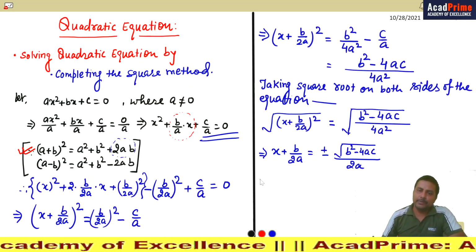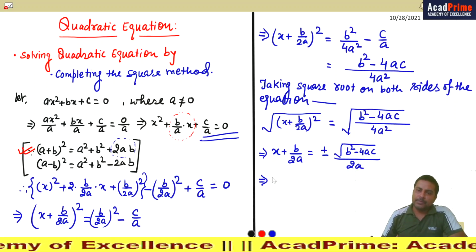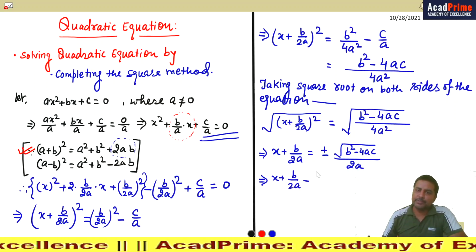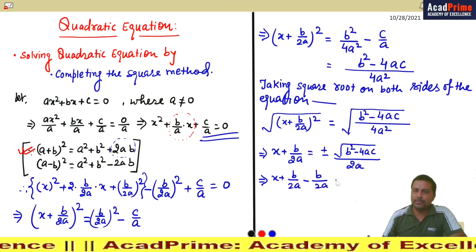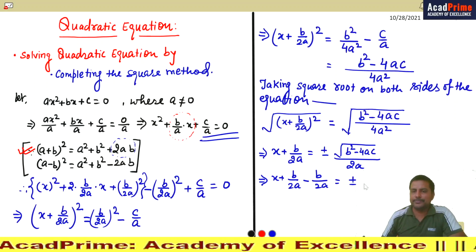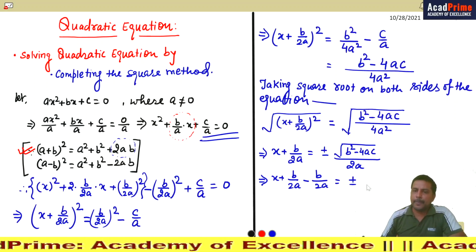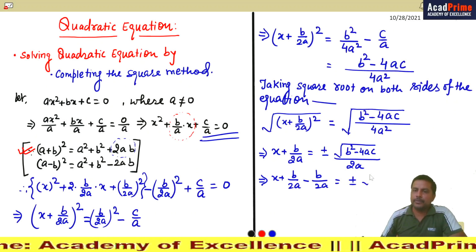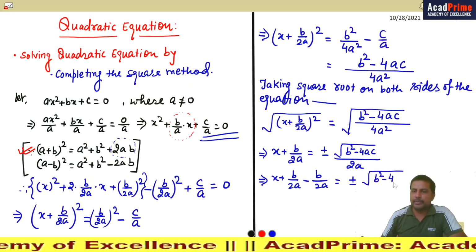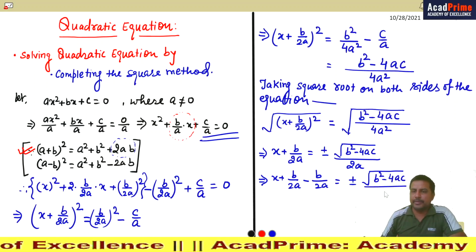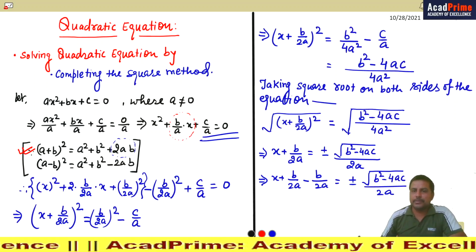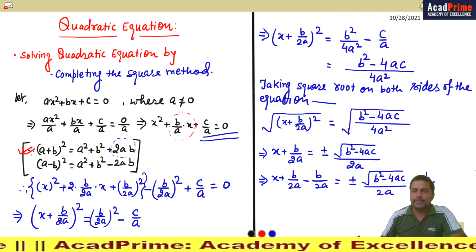Okay, now I'm subtracting b by 2a on both sides of the expression, then it will be like this: b square minus 4ac divided by 2a, and this is minus b by 2a.